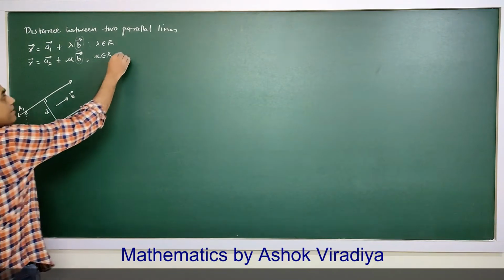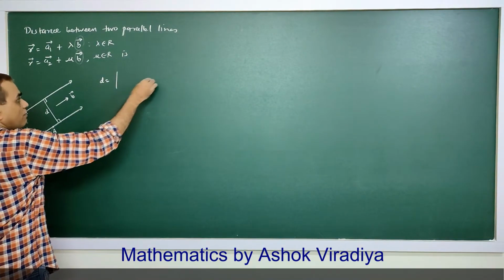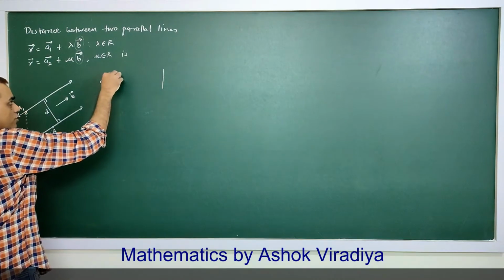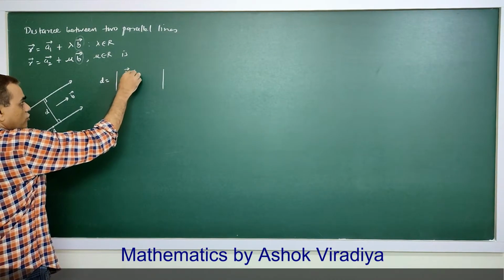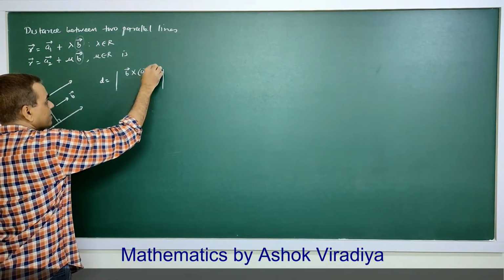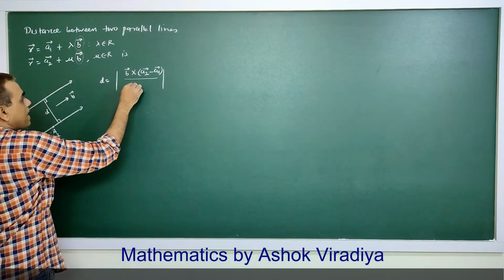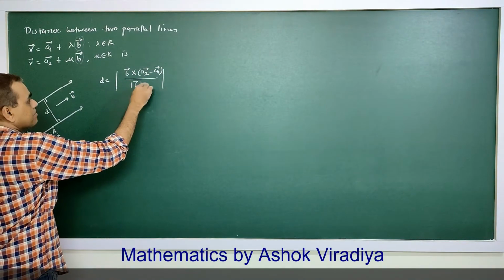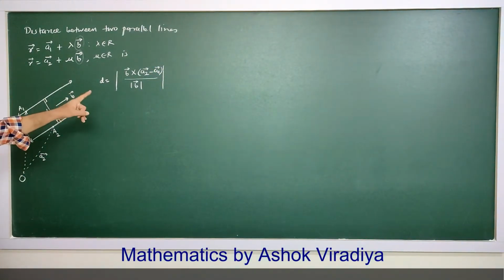So the distance between them is D equal to modulus of vector B cross vector A2 minus A1 upon magnitude of vector B. So this is the formula.